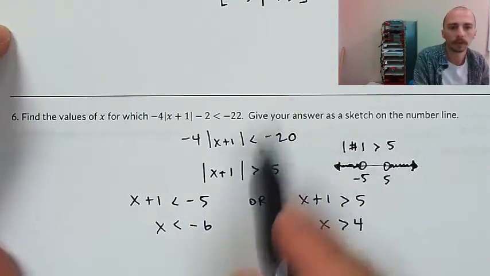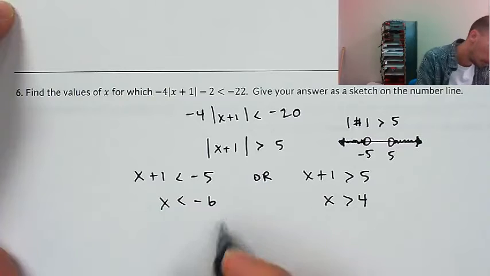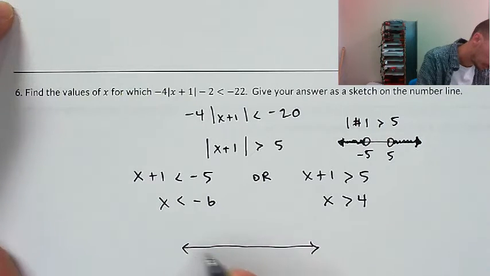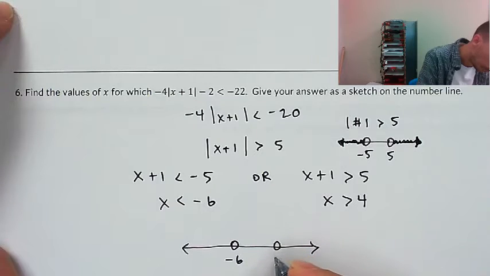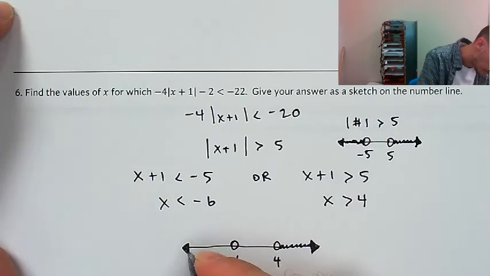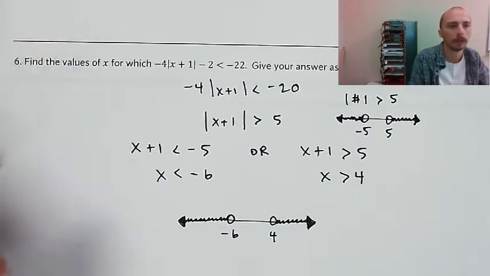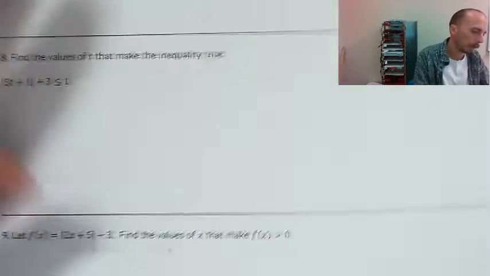And then, okay, we want to answer with a sketch on the number line. Less than negative 6 or greater than 4. Okay, there we have it. I'll write on the back side.